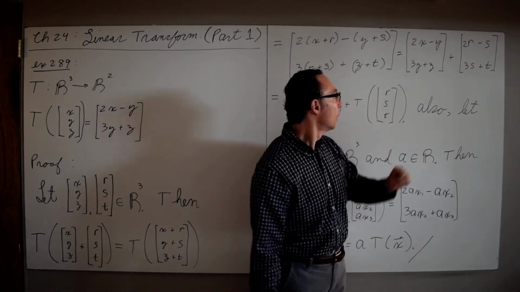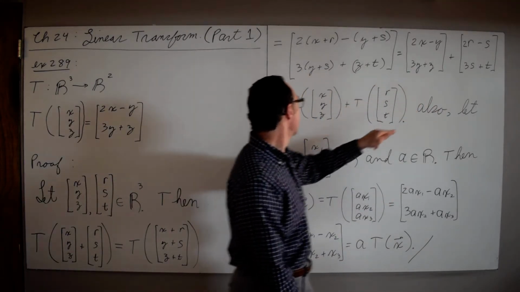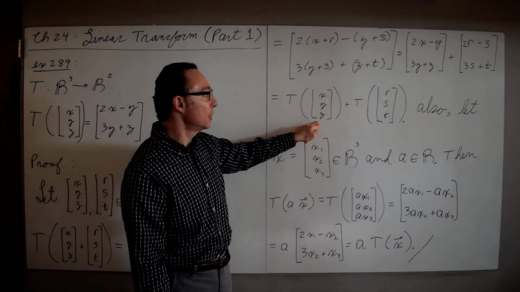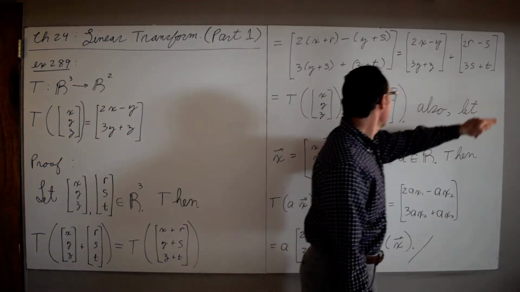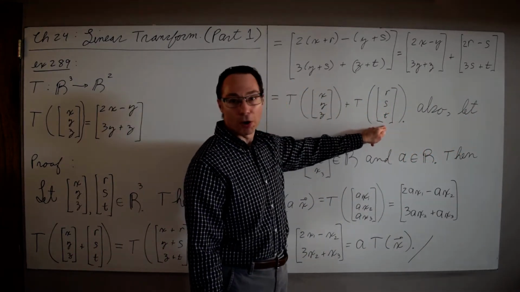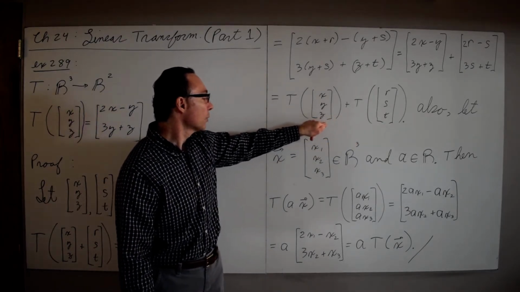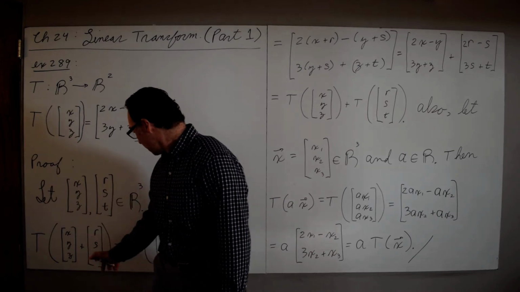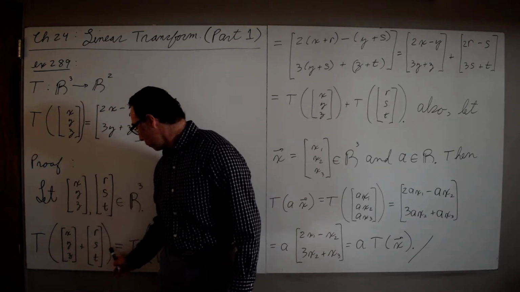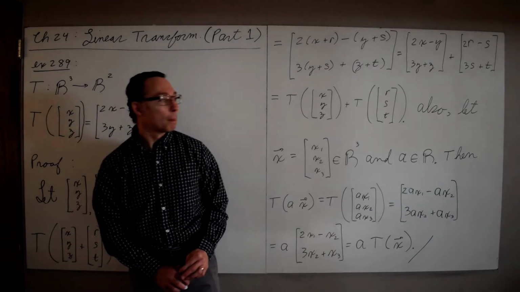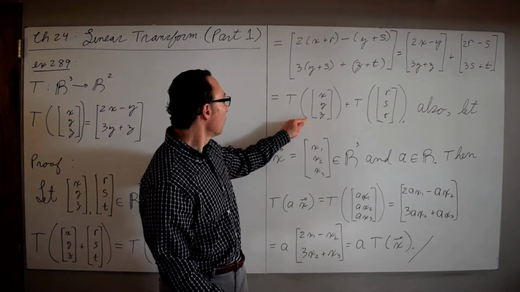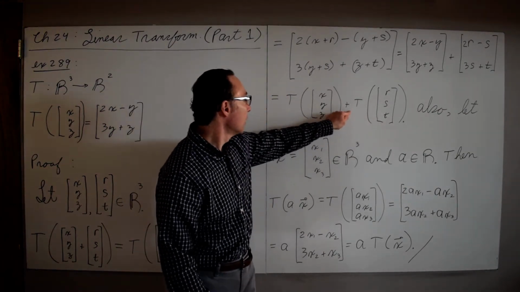Then we notice that this is just T of (x, y, z), and the second vector is T of (r, s, t). And so T preserves vector addition. So if we add the 2 vectors first, then apply T, that is the same as if you apply T to each vector, then add these 2 together.